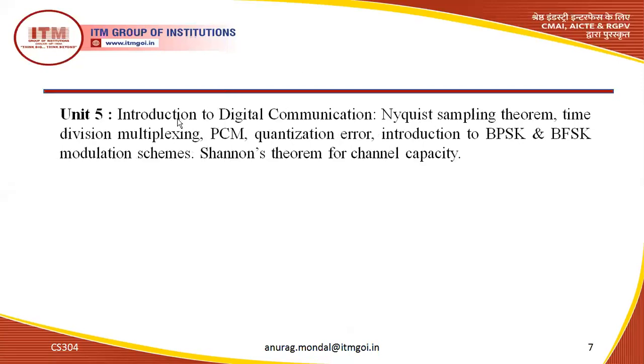And the fifth unit is the introduction to digital communication. Obviously, we have learned about digital signals and digital electronics. Then what is the importance of digital electronics or digital signals in our communication in day-to-day life? Now digital communication is there. Now we are communicating with each other with the help of video calling.